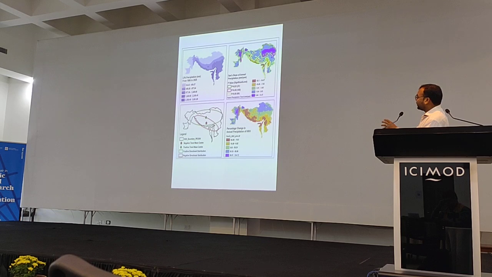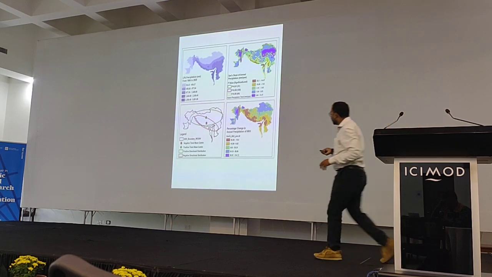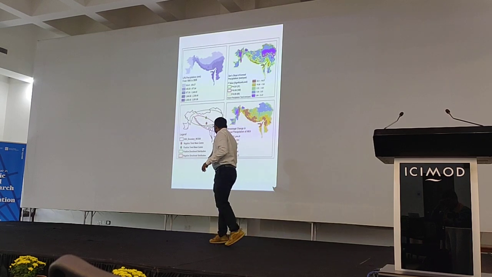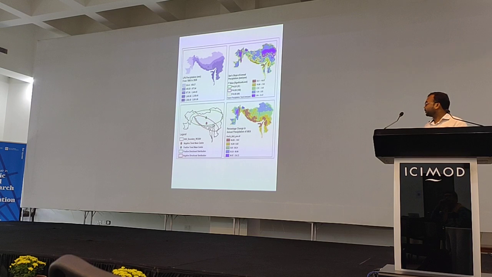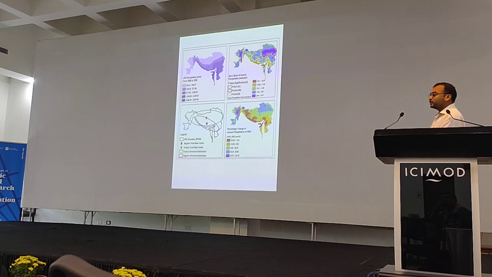These regions show a total decline of around minus 94, meaning you can take around a 94 percent decrease in the precipitation over these regions, that red region, over the period, and that decrease is going to continue in the future also.